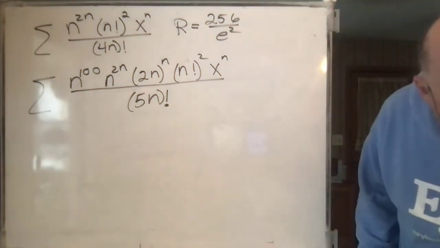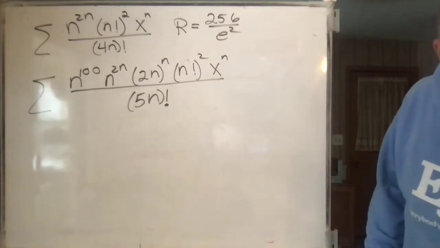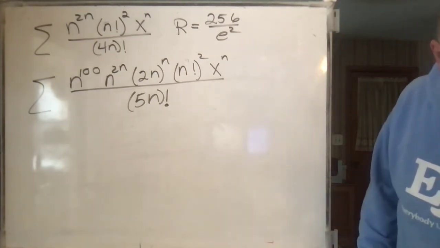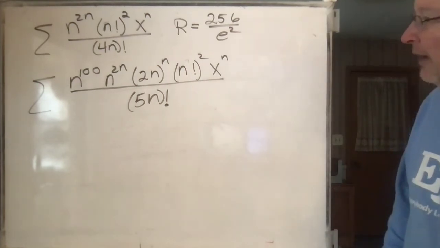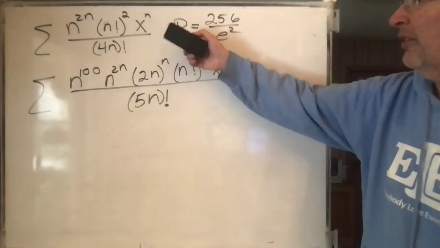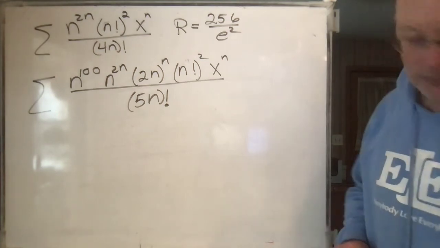There it is right there. Make sure you have it written down. n to the 100th, n to the 2n, 2n to the n factorial squared, x to the n, all over 5n factorial. Okay? So it's done pretty much the same as this one, just a little messier yet, but see if you can do it.